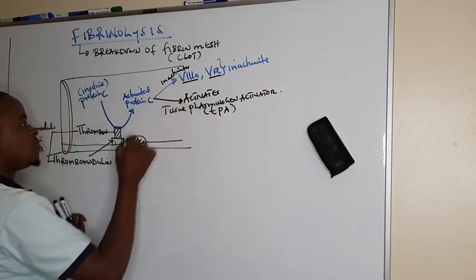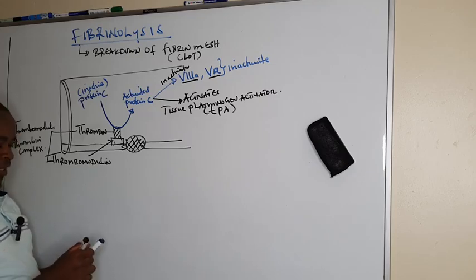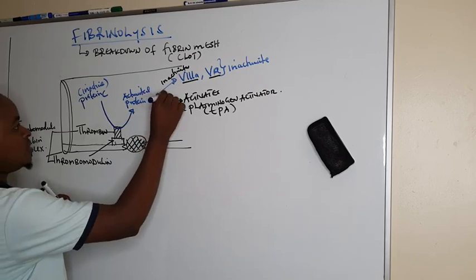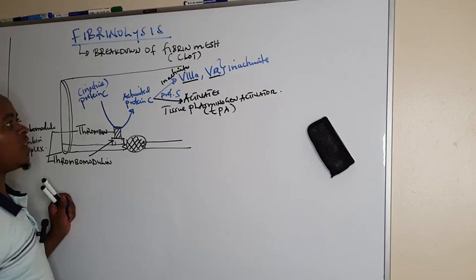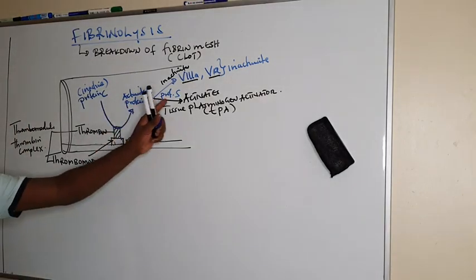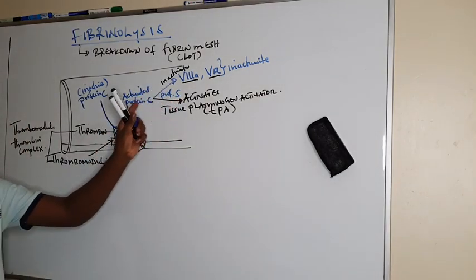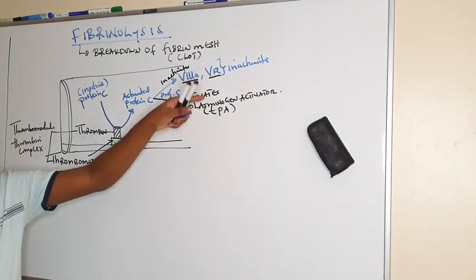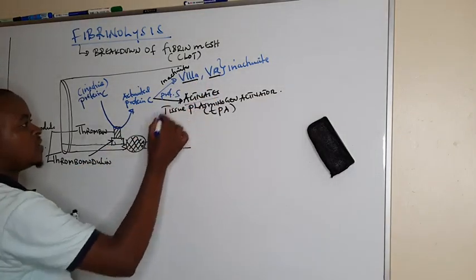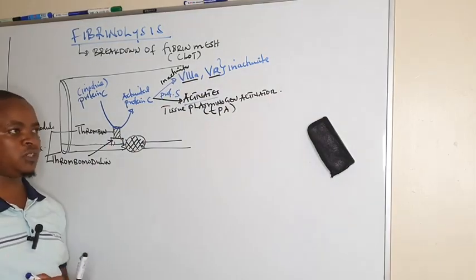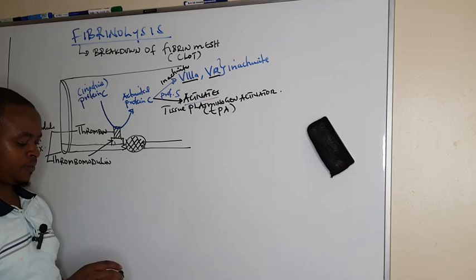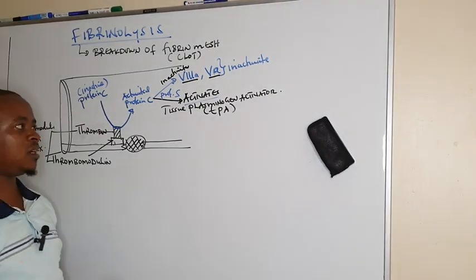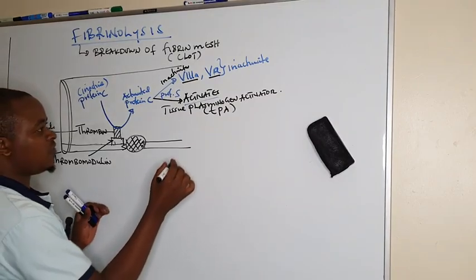And this occurs in the presence of a cofactor known as protein S. So protein S is acting as a cofactor, whereby protein C is inactivating factor 8 and activated factor 5, whereas activating tissue plasminogen activator.